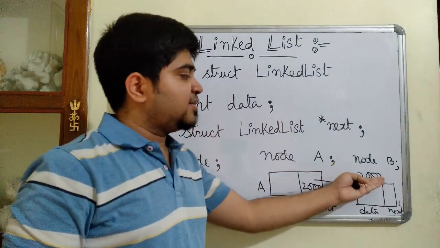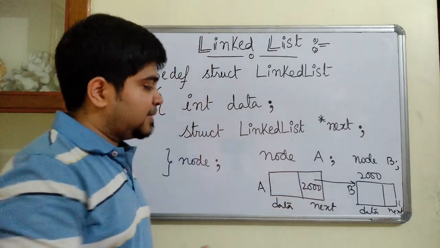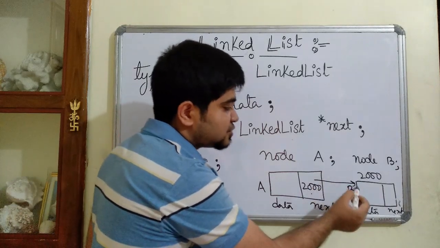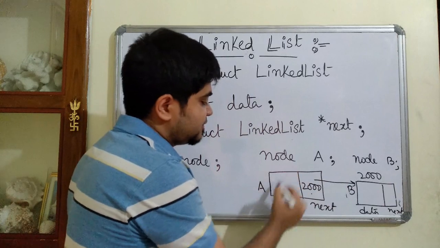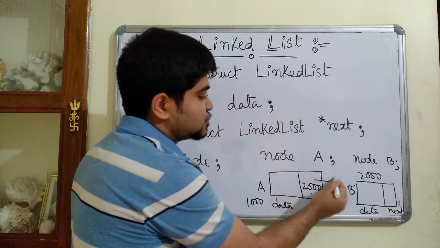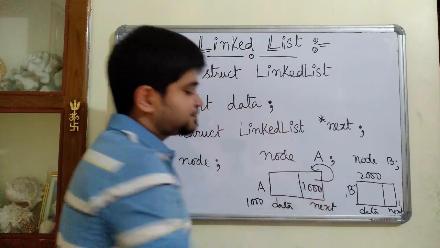Now this address can be held by the next part of A, because A's next part can only point to the struct linked list type structure. So suppose the address of A is 1000, it can point to itself also. So I can store over here 1000.